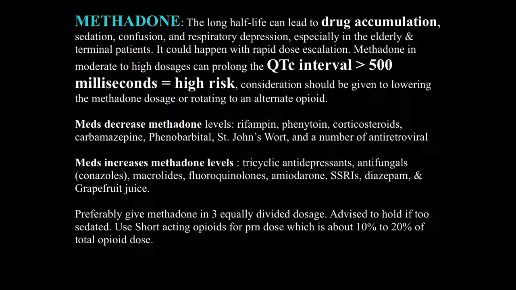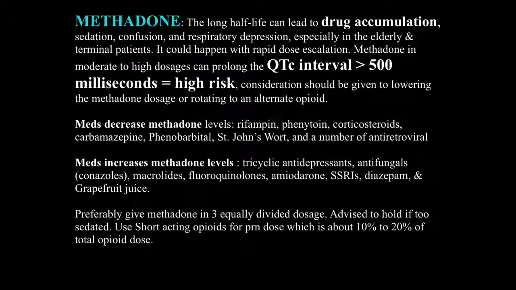The long half-life can lead to drug accumulation, which is the most feared thing in pain management, which causes sedation, confusion, disorientation, and gradually causes the respiratory depression, mainly in elderly population. QT interval prolongation is dangerous. So medications such as erythromycin, etc., should be avoided with methadone.